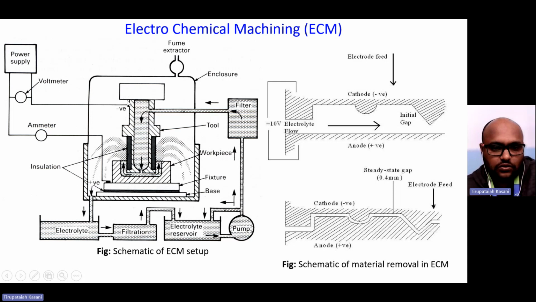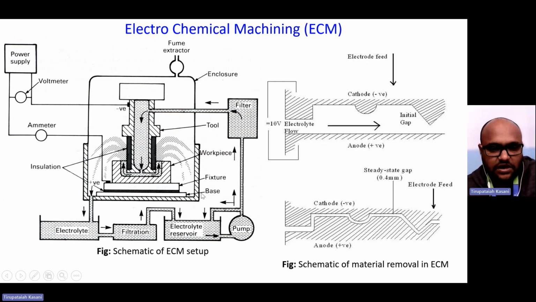Here, the tool is hollow in shape. This is the electrolyte medium and this is the tool. You already know that the workpiece is positive and the tool is negative. The workpiece will be mounted over the table, which can be moved in x and y directions, and it is fixed with the help of the fixture.